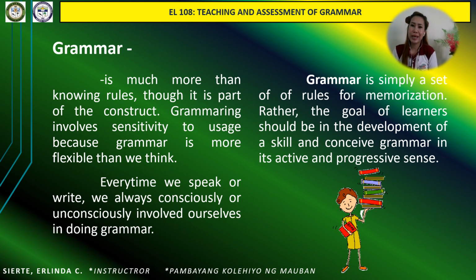It is not simply a set of rules for memorization. Rather, the goal of learners should be the development of a skill and to conceive grammar in its active and, of course, its progressive sense.